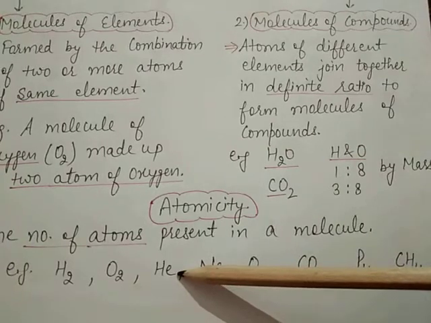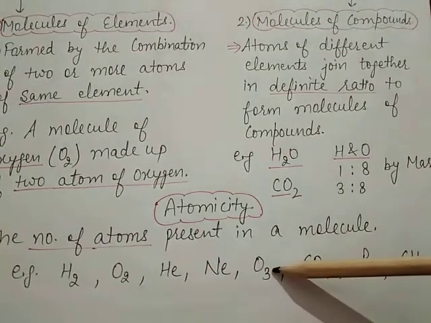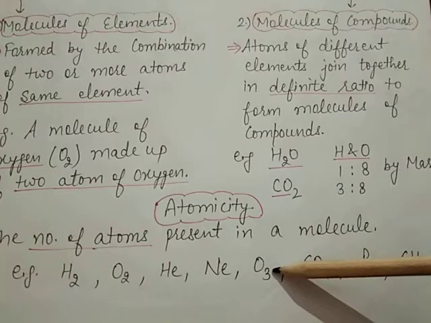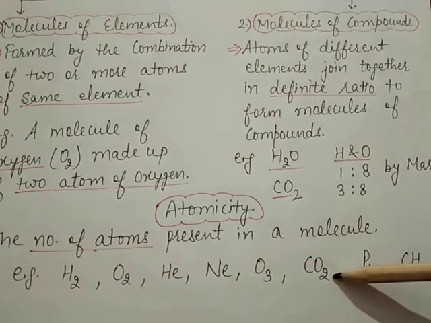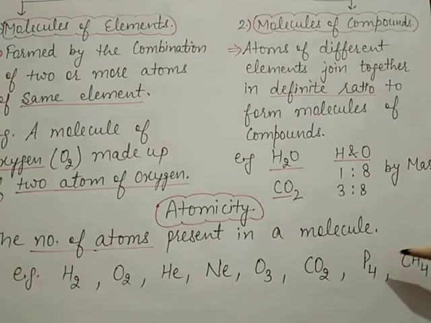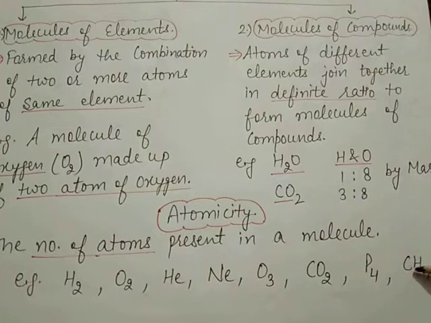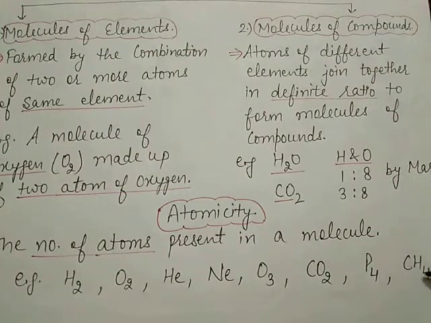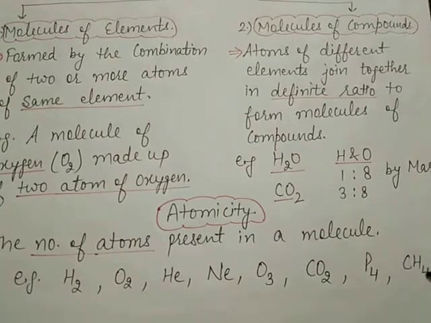Next, helium and neon are monoatomic. O3, ozone, has 3 atoms of oxygen, so it is triatomic. CO2 has 1 carbon and 2 oxygen, triatomic. P4 is tetra atomic. CH4, 1 atom of carbon and 4 atoms of hydrogen, is polyatomic.